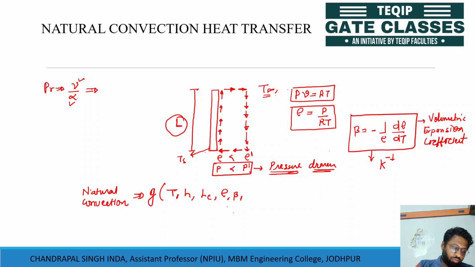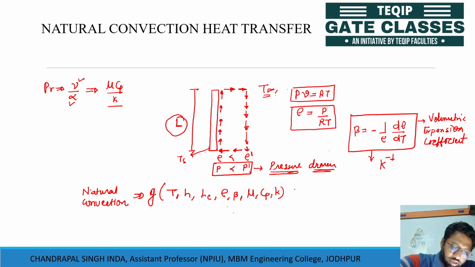So the momentum diffusivity will be here, and thermal diffusivity will be here. These three properties of the fluid, mu, Cp and K, will also be part of the physical quantities in the natural convection system. So write down mu, Cp and K. These are the physical quantities present in the natural convection system.